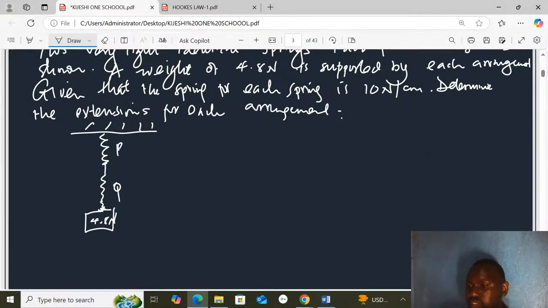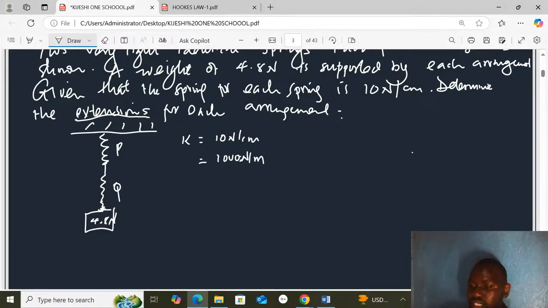Then now you are supposed to get the total extension. Determine the extension for each arrangement, meaning that we are looking at the effective extension. Therefore, we know that spring constant is 10 newton per centimeter. And this is equivalent to, we said we divide by 0.01 or we multiply by 100. This is equivalent to 1000 newton per meter.